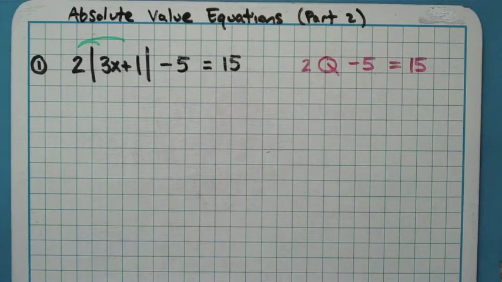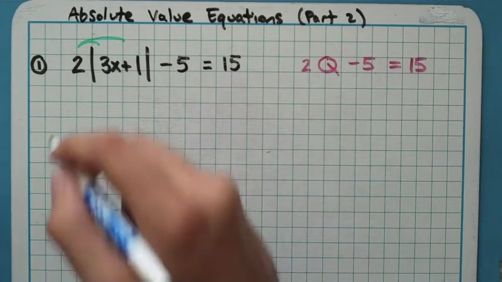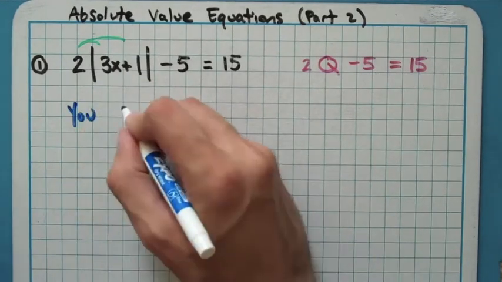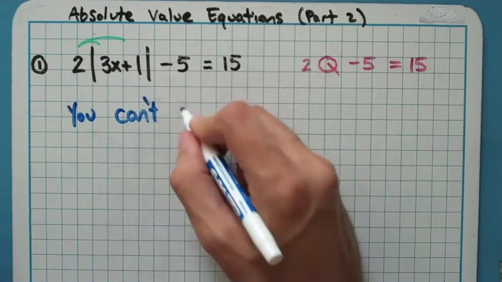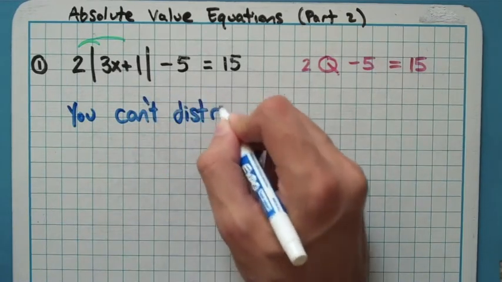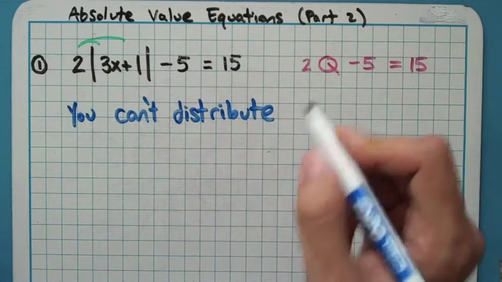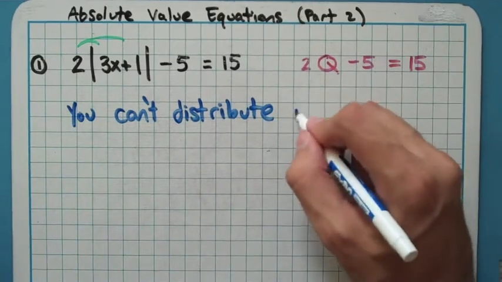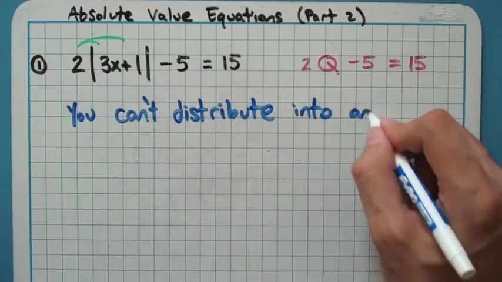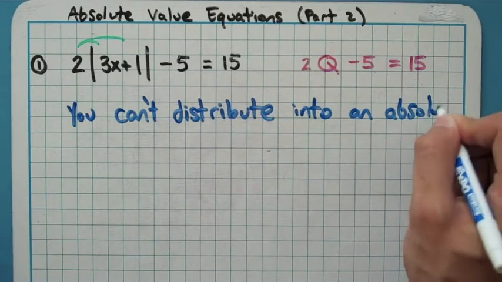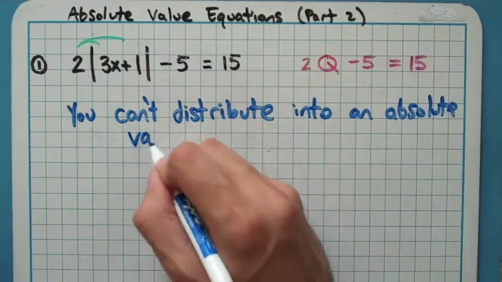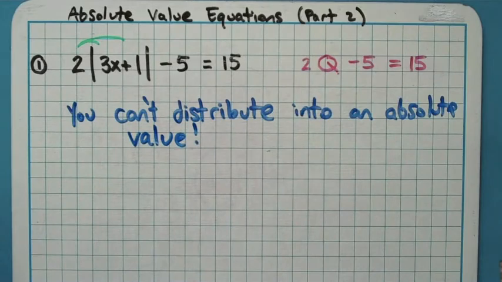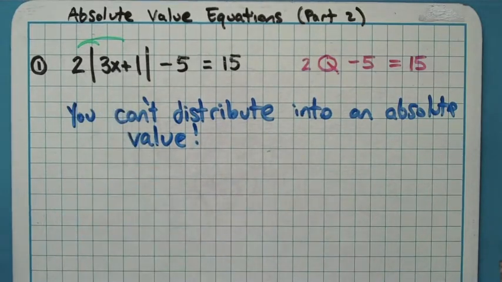Another important note that I want you guys to write down: you can't distribute into an absolute value. I probably should have made myself a little room so I could keep these notes on the paper, but definitely write these in your notes. Okay, so we are not allowed to put that 2 into both parts there. I'm going to erase this note as well, so pause it if you still need it.